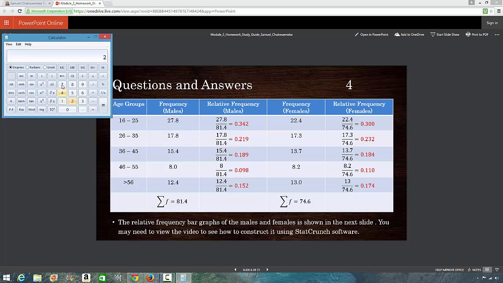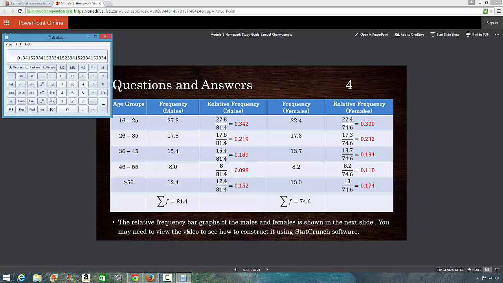If you do 27.8 divided by 81.4, equal to 0.342. Do you see that? That is the way you calculate this. I made a mistake initially. The first time I calculated the frequency, I got 81.8, but the total frequency was 81.4.